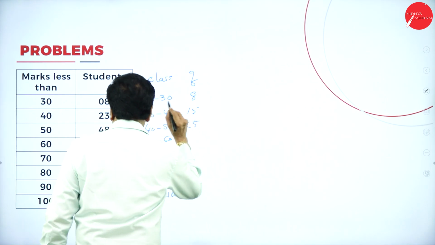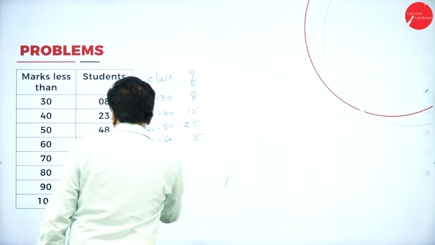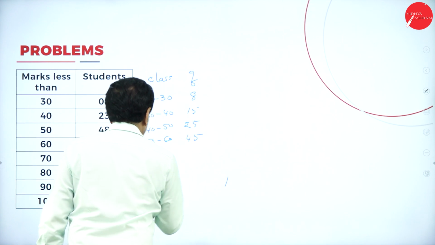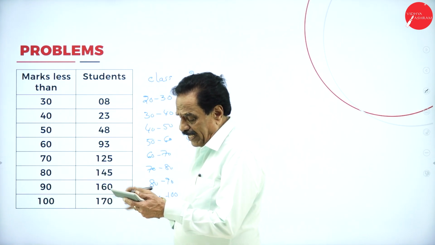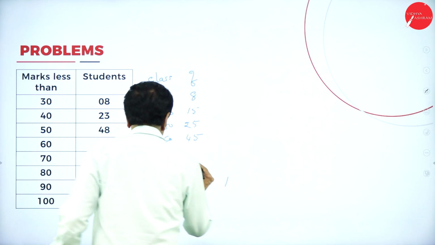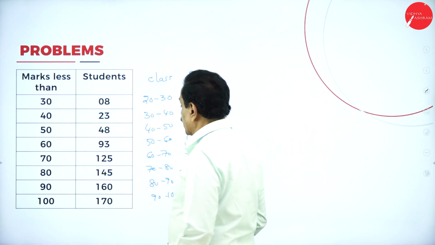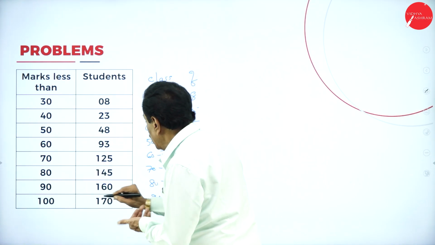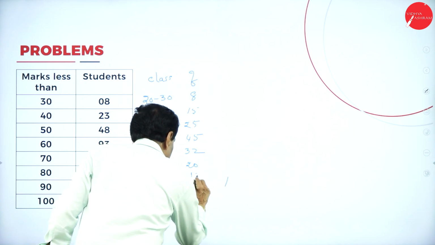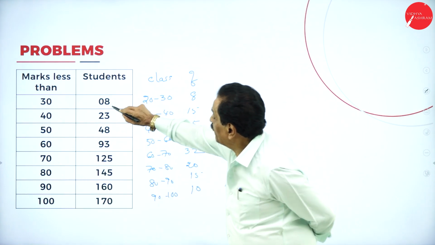It is 25. 48 to 93, 45. 93 to 125, 32. 125 to 145, 20. 145 to 160, 15. 160 to 170, 10.